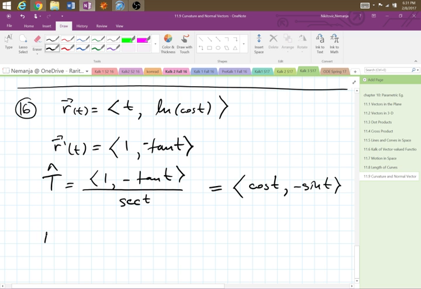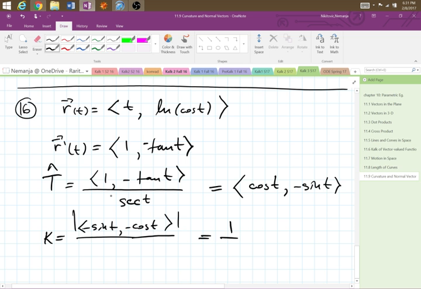And now for the curvature, we take these derivatives. The magnitude of that will be 1.